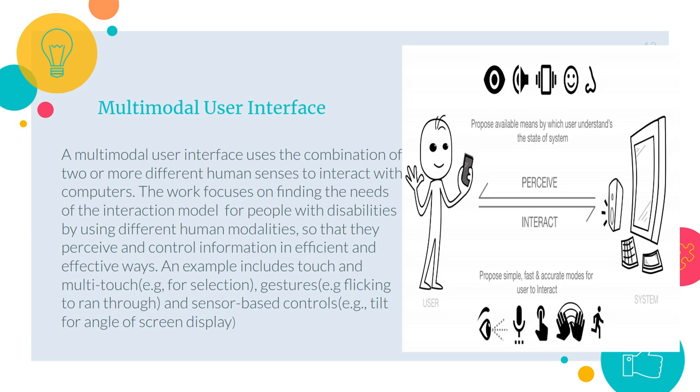So an example includes touch. So right now we have touch phones where you use the touch screen. We have braillets, like we have brailles for the blind and all that.